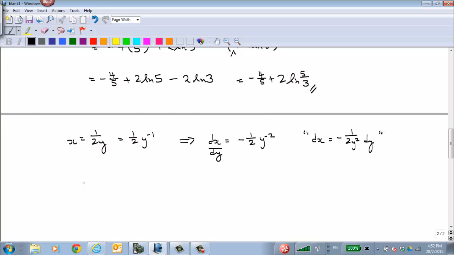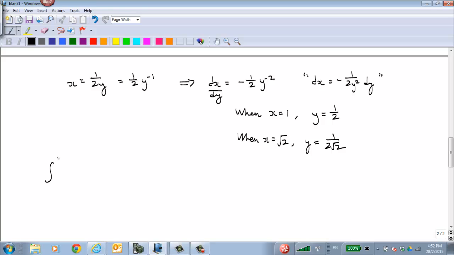Then of course, because this particular question has a lower and upper limit, which is actually the x value originally, you will also have to change them to the y value. So when x equals 1, y is actually half, and when x equals square root 2, y is actually 1 over 2 square root 2.